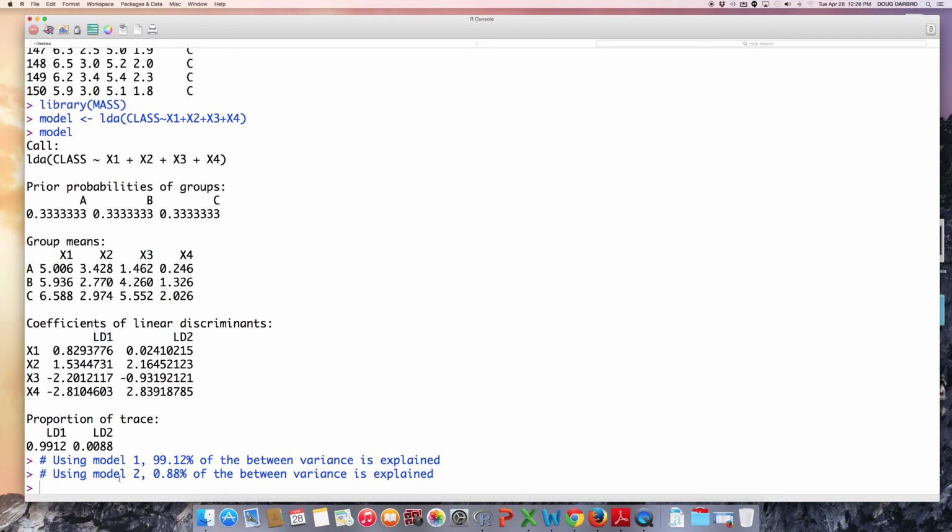So our model is class equal 0.83 times x1, plus 1.53 times x2, minus 2.20 times x3, minus 2.81 times x4.